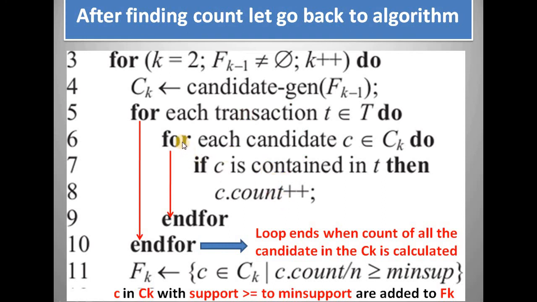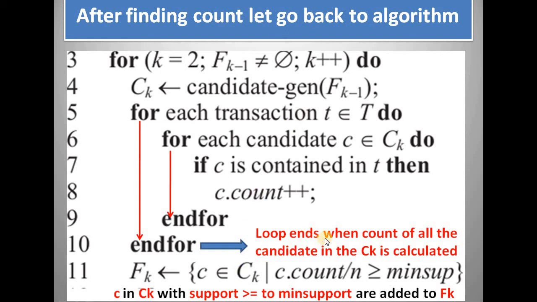Now this for loop's end for is for this particular loop. That is, after I go through all the candidates of CK, I will find the count of all the candidates, and then I will end this particular for loop. After that, this is for showing that we have to go through the whole transactions.